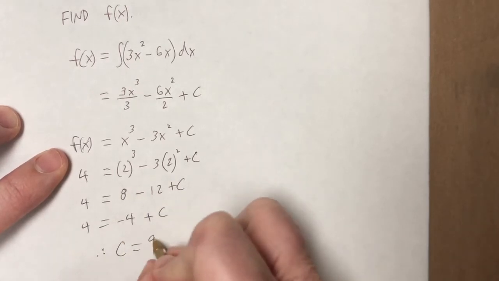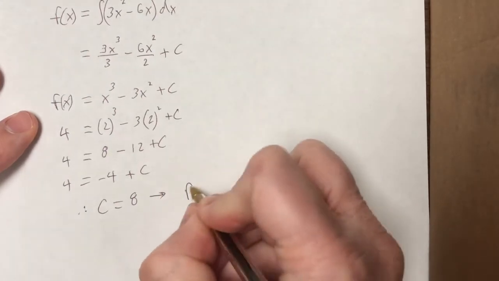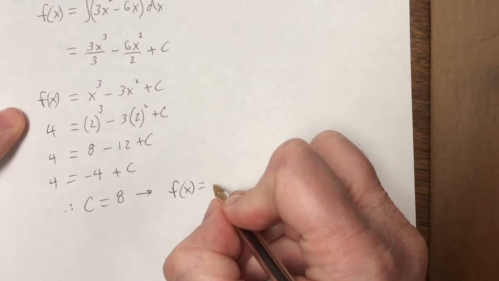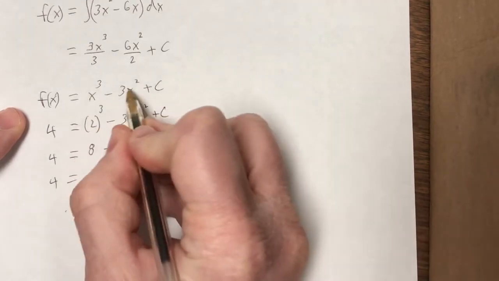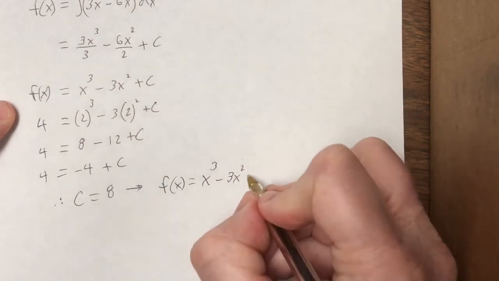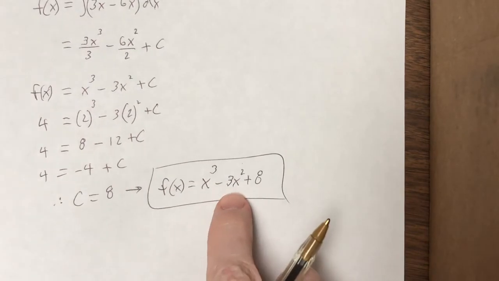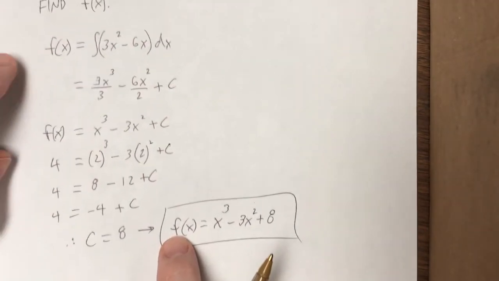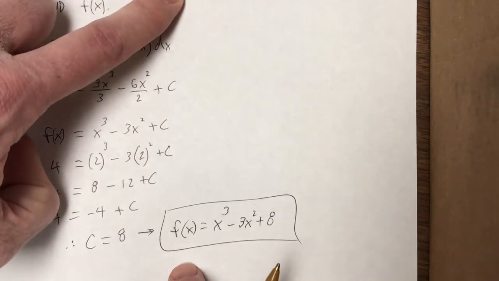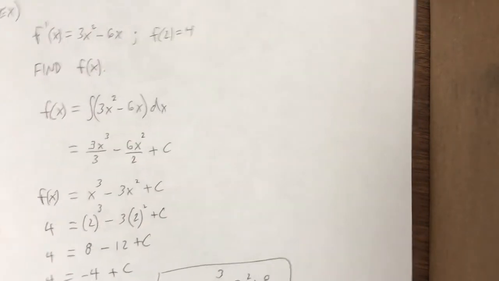Therefore, c is 8, which means we're now able to define the function f as x cubed minus 3x squared plus what we just came up with. So this is our actual function f based on the derivative being equal to this and based on this given initial value of f of 2 equaling 4.